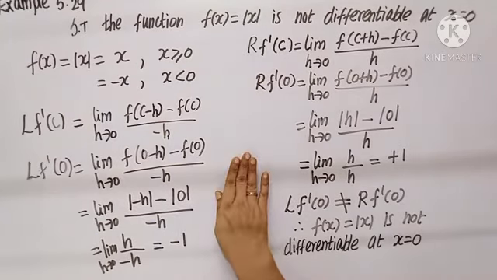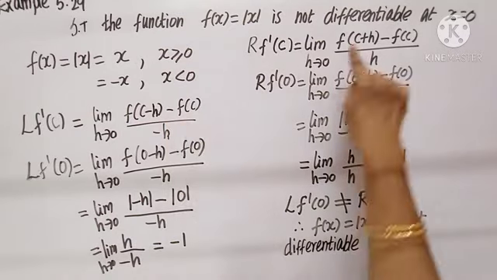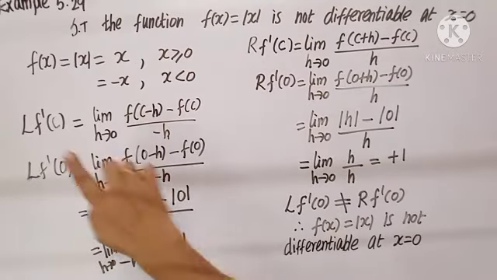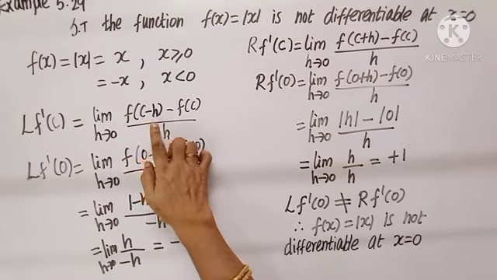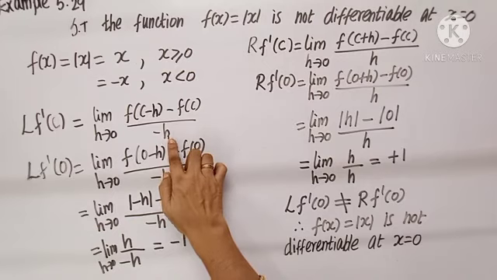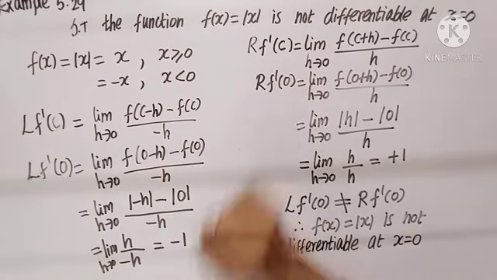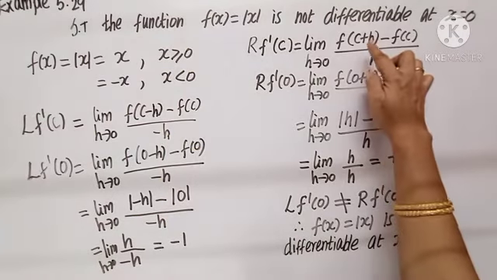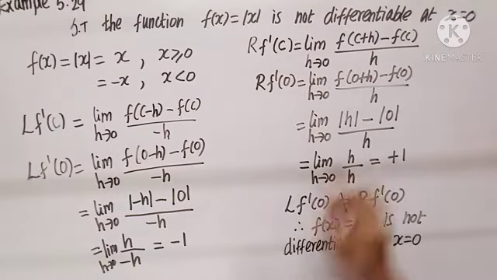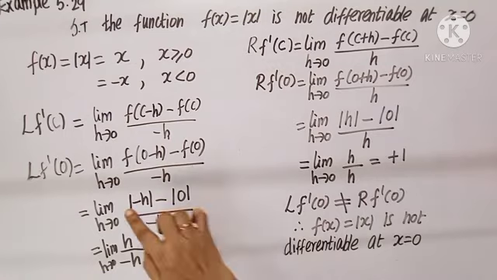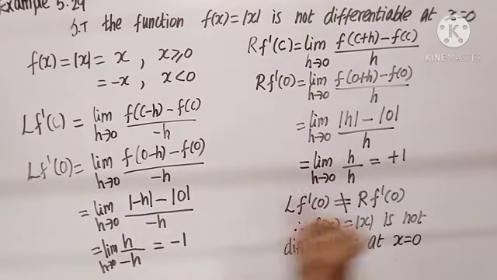So in this problem, we remember the left and right derivative. The left derivative f'(c) is (f(c - h) - f(c))/(-h). The right derivative is (f(c + h) - f(c))/(+h). As we substitute, modulus always gives us a positive quantity.